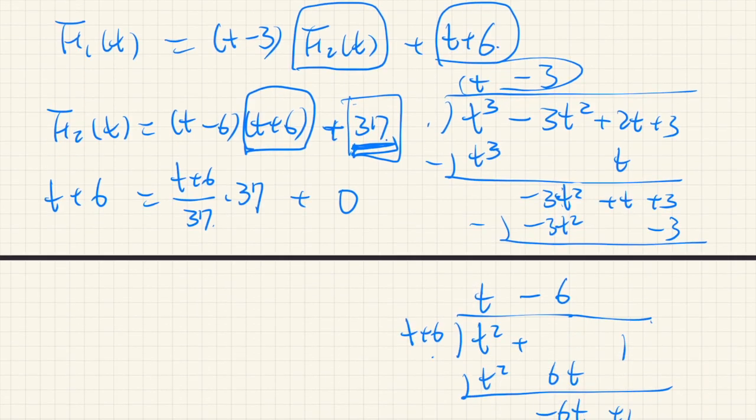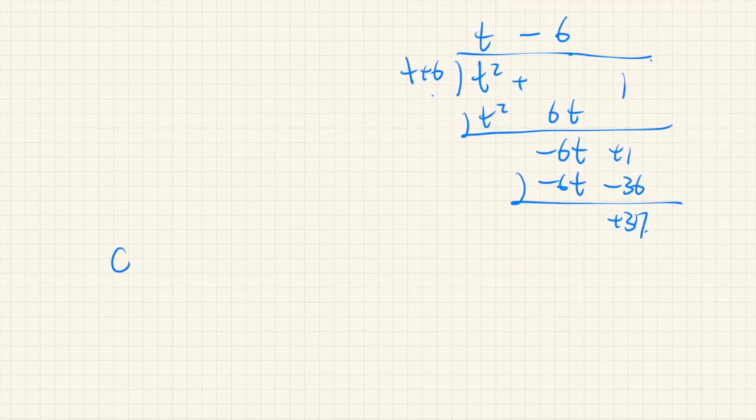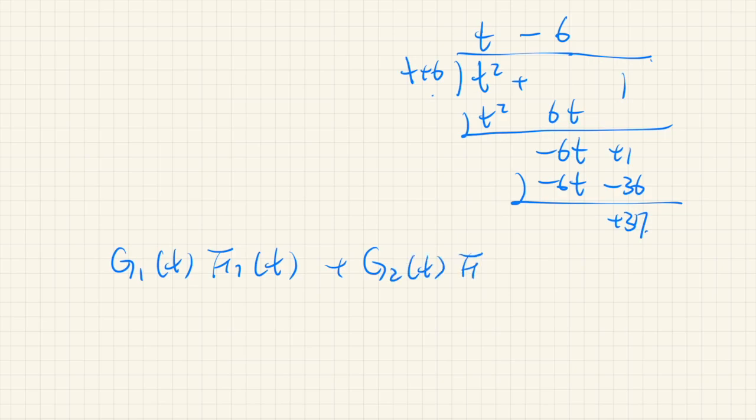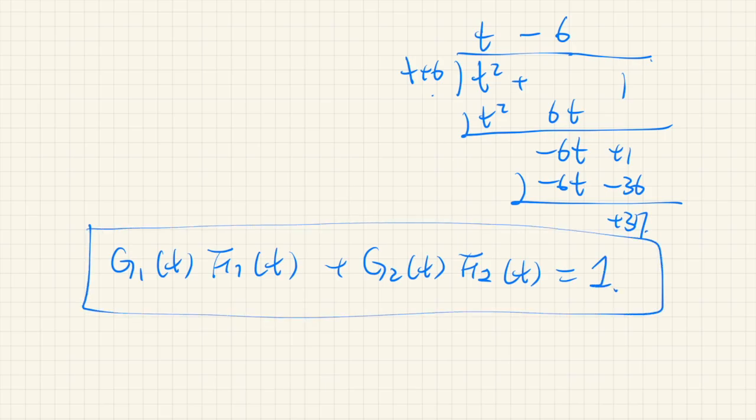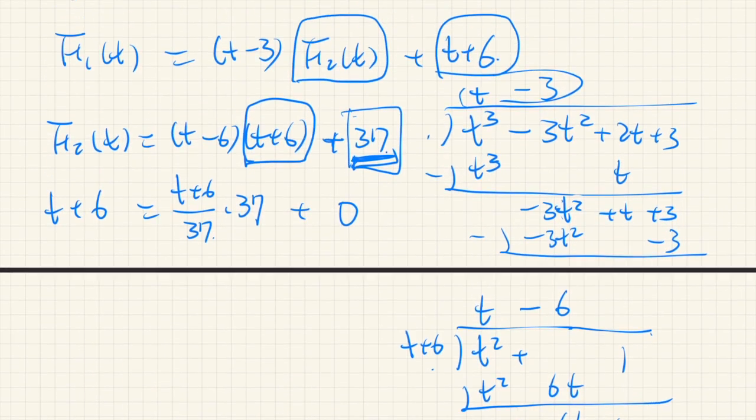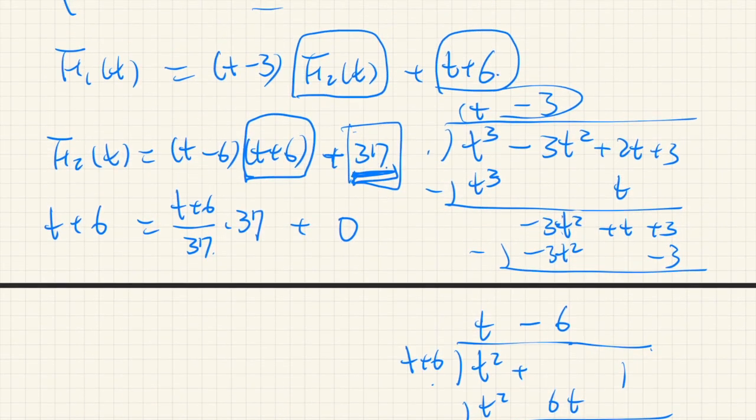Since they are coprime, there should be some polynomials g1 and g2 satisfying this equation. So how do we find these polynomials? For that, let's start from here.